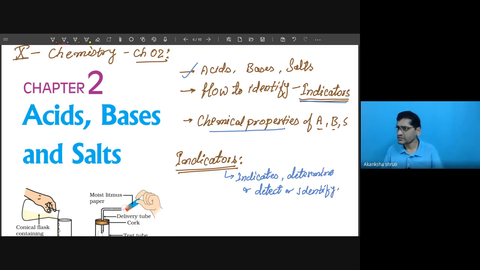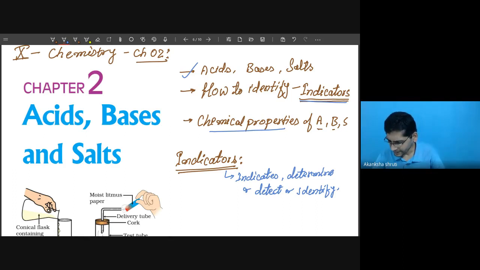Of what? What we are learning? It is our acid and base. So any substance or chemical which is used to identify whether the given substance is acid or base is called an indicator. It's so simple.